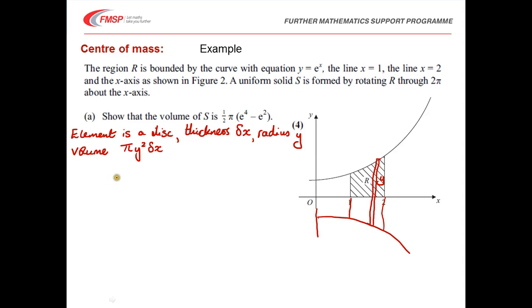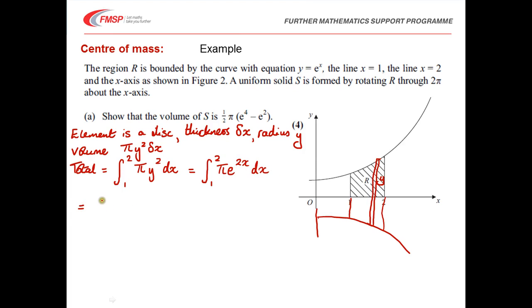So if we want to find the total volume of S, we're going to have to integrate that. So total volume is the sum between 1 and 2 of all of those volumes, pi y squared, with respect to x. And we can substitute in for y there, so we've got pi e to the 2x dx.